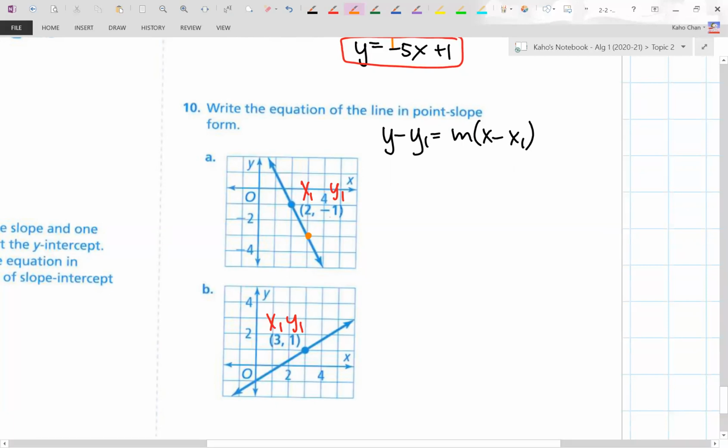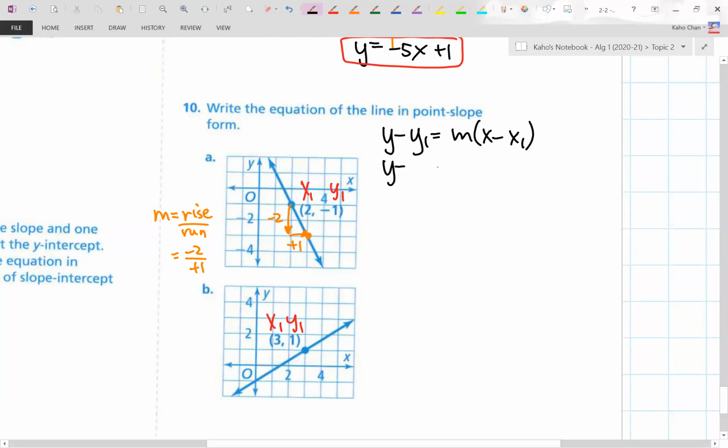Looks like my slope, which we are calling rise over run, equals, well, the rise is not going up, it's going downward. That's -2. And the run is +1. There it is. There's my slope. And my point.